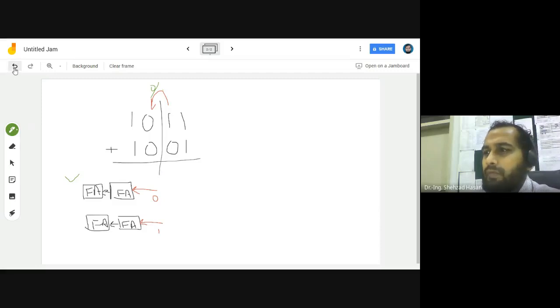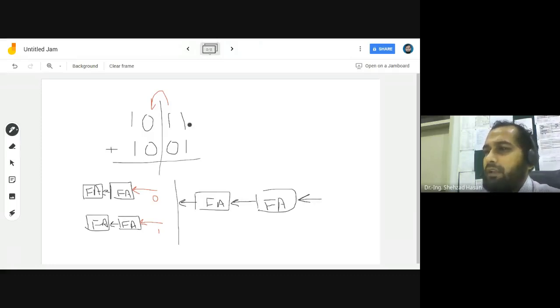On the other hand, what we have are just two full adders as previously, and they are connected in the same way. This is the carry input.